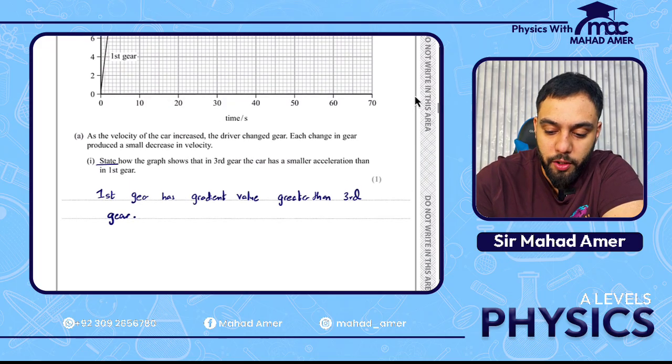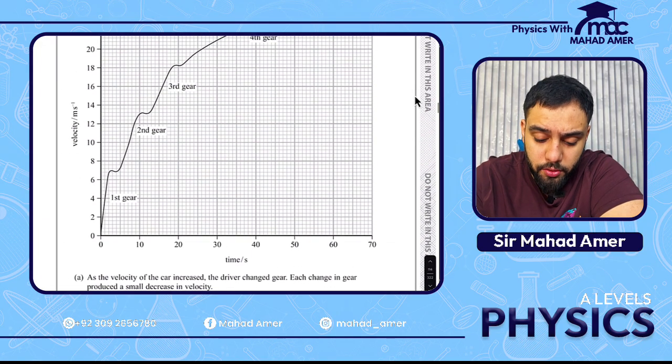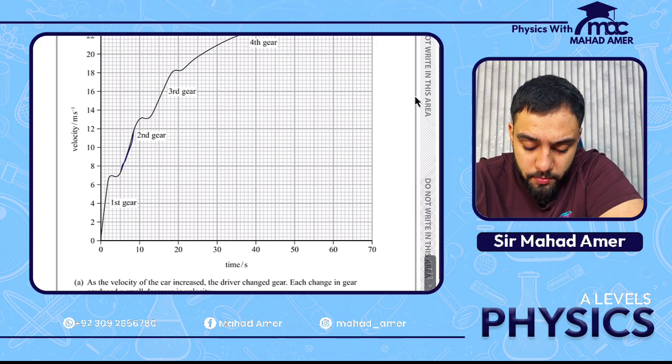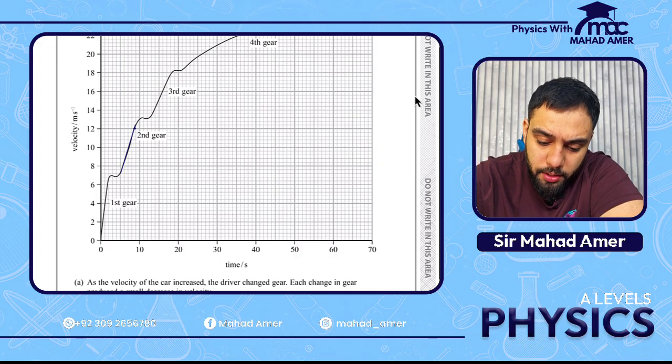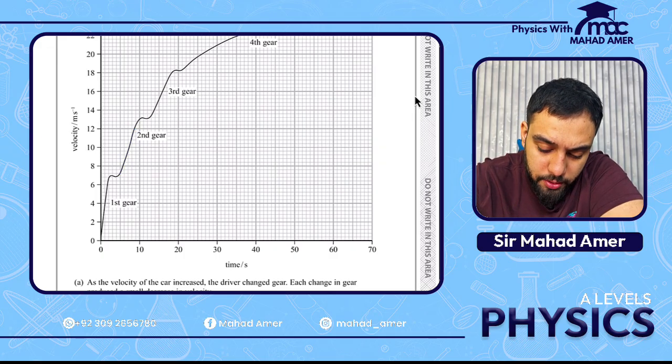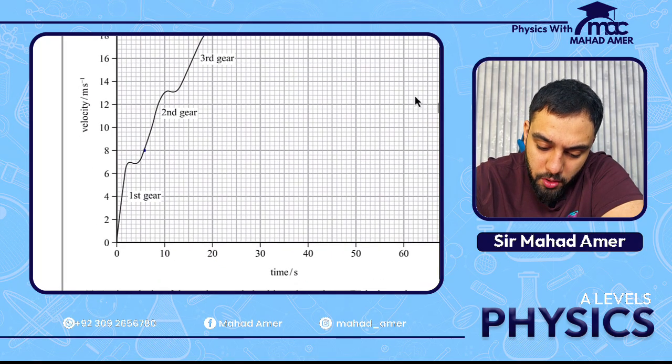So yeah, moving on. Determine the average acceleration when the car is accelerating in second gear. Okay, so in the second gear, the average acceleration is needed. It's basically a straight line, so I would take two values. I'm going to take these, or you can take whole numbers as well, whatever suits you.